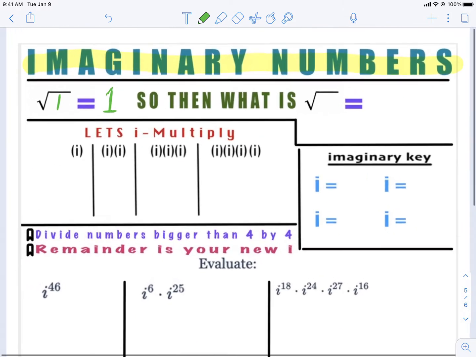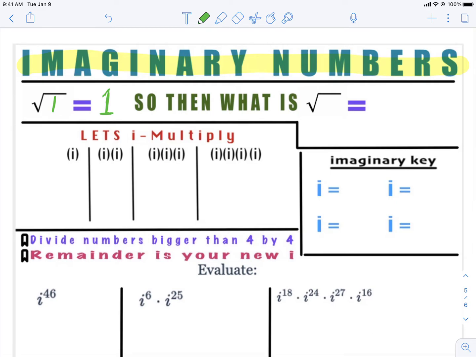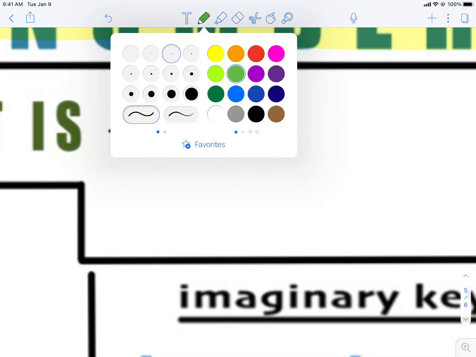So if that's the case, I have a question for you guys. If the square root of 1 is 1, then what is the square root of negative 1?